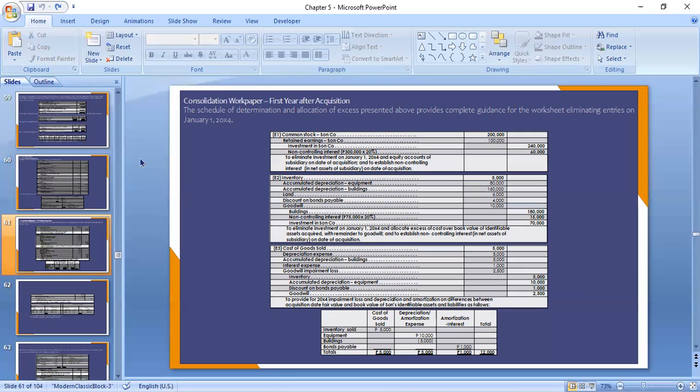70,000. So the first entry, E1, 240,000 is credit to investment account, and then we are adding 70,000. So that makes a total of 310,000, the total amount of the investment which we now close.